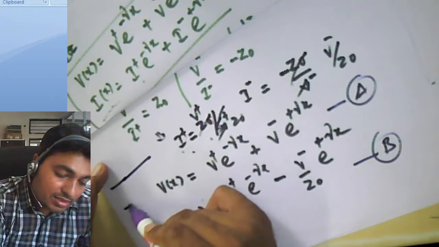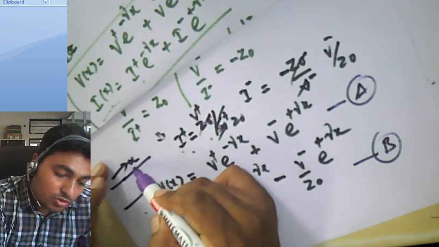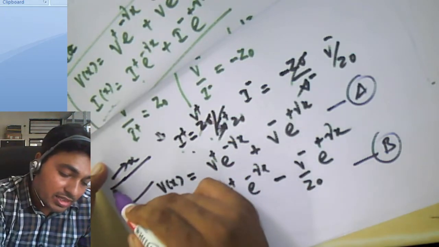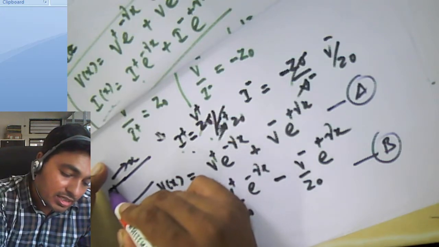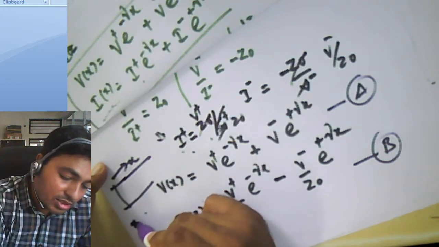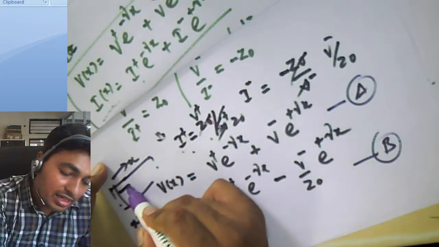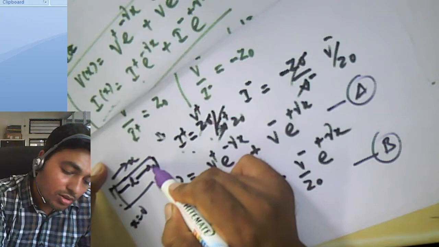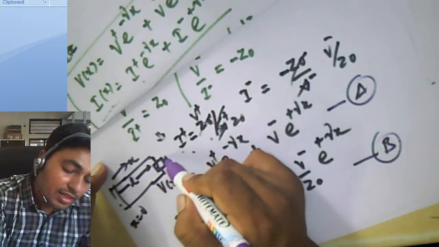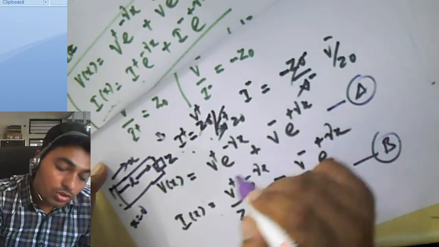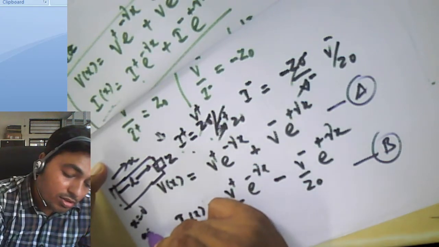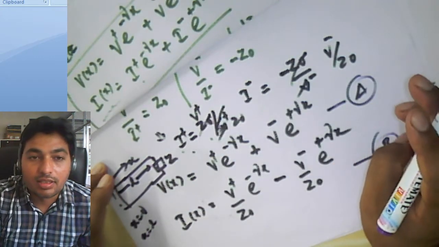This transmission line is along the x direction, so we will write the value of x. Let us take x is equal to 0 to represent the source side, and let us take the length of the transmission line as L, so at x is equal to L we will have an impedance.